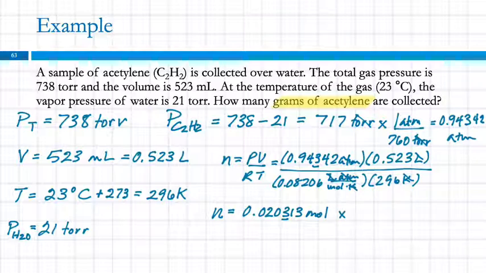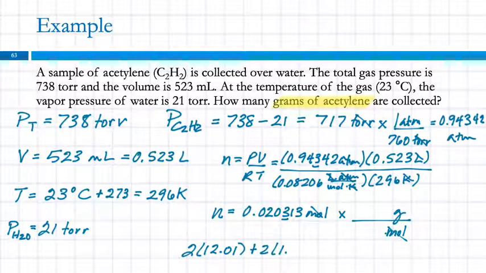And then I want grams, so I'm multiplying by grams, dividing by moles. Do you see how many times we convert units in this class? It's like all the time. So I need the molar mass of acetylene, 2 times 12.01 plus 2 times 1.008. 26.036.